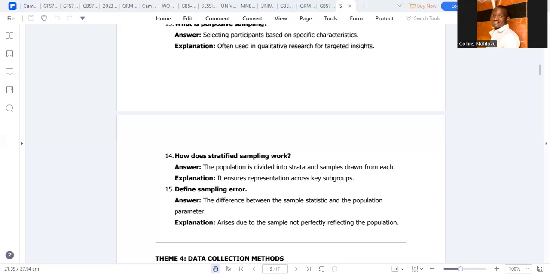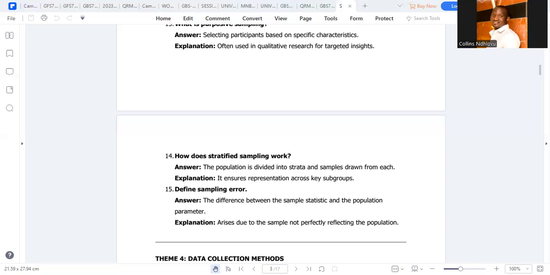So in dealing with sampling bias, we are looking at what? When a sample selected does not represent the population from which it's drawn, hence leading to inaccurate results. So that is called the sampling bias. So when a sample that you selected is not representative, that is what we call sampling bias, which can lead to what?